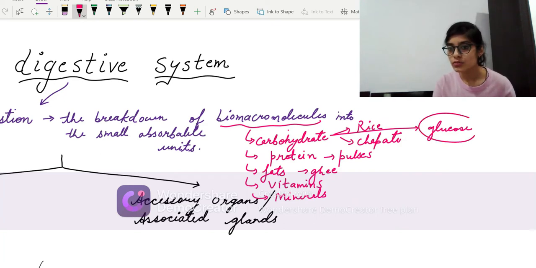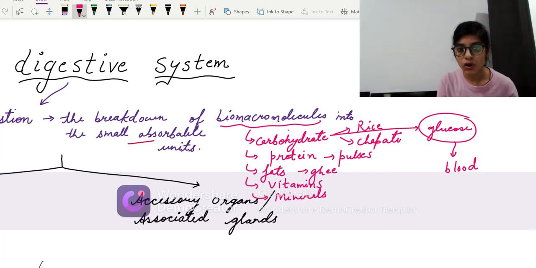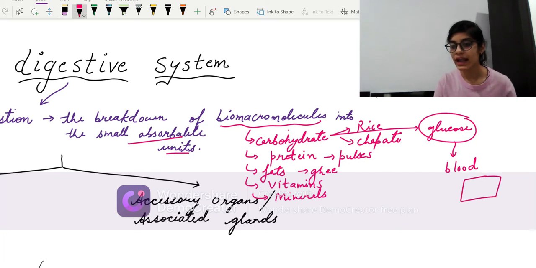Then this glucose is absorbed into the blood through our small intestine. So finally this glucose is a small absorbable unit, which is absorbed into the blood. Then this glucose from the blood goes to the cell, and after oxidation of this glucose we get energy, right?